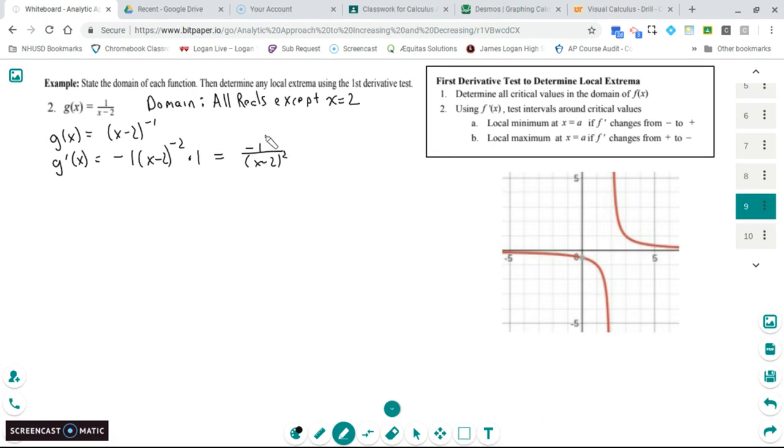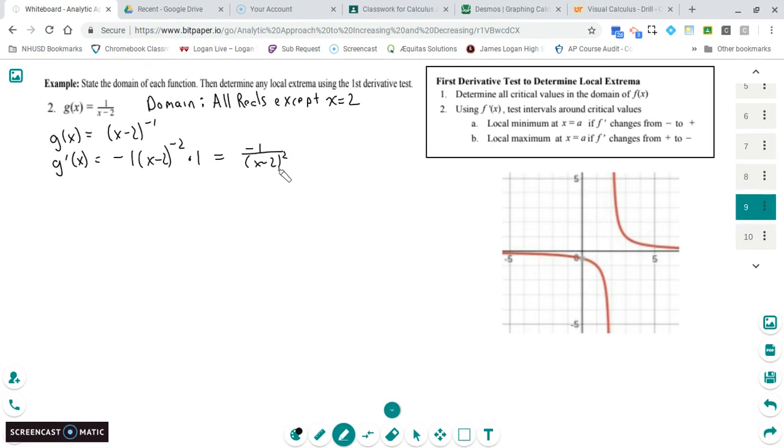Okay, so this function has a critical point, right? Its critical value is when g prime is equal to 0. Well, it's never equal to 0 because the numerator is never 0. But it is undefined at x equals 2. So that's definitely a critical value.